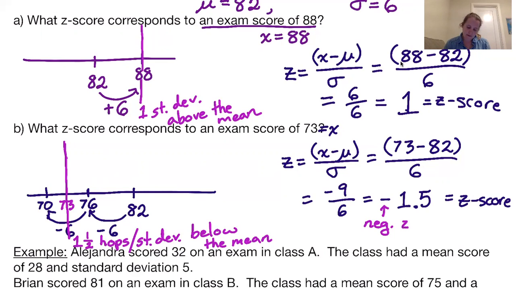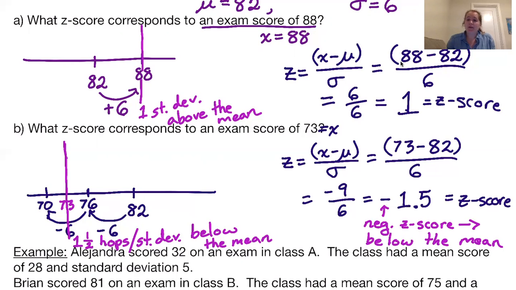So z-score calculates the number of standard deviations above the mean, and a negative z-score just means it's below the mean. Other than that, the z-score is just telling us how many hops we have to go away from the mean, where each hop is a full standard deviation.